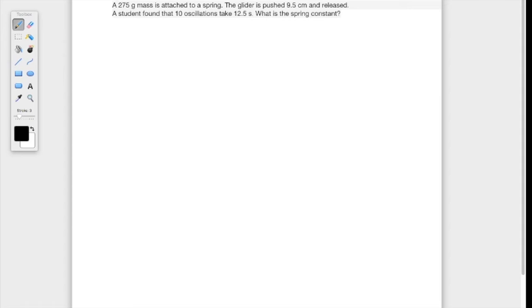So I think the easiest way to do this is to use the formula for the period of a spring. So that's T equals 2 pi times the square root of m over k.